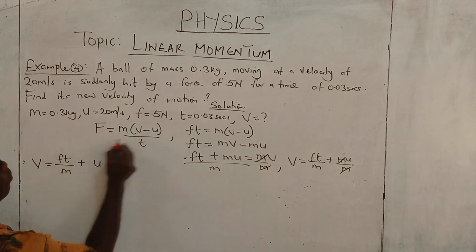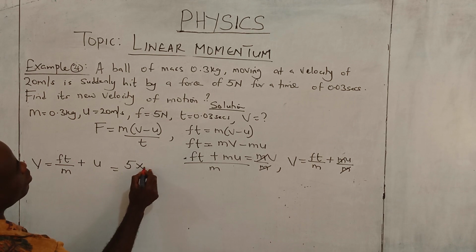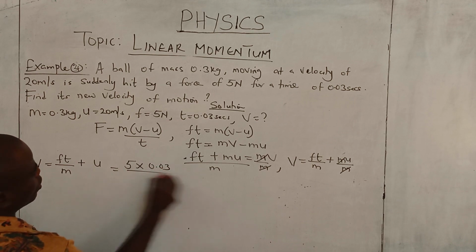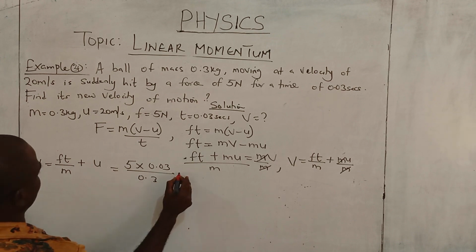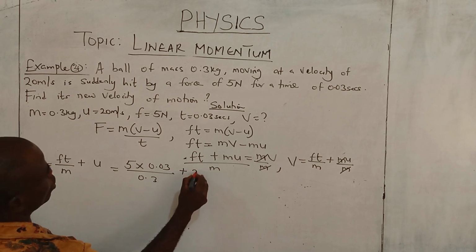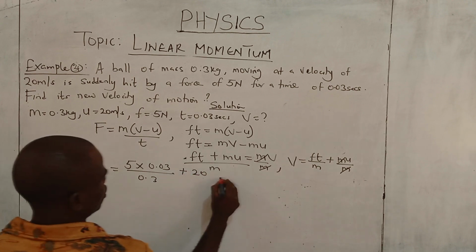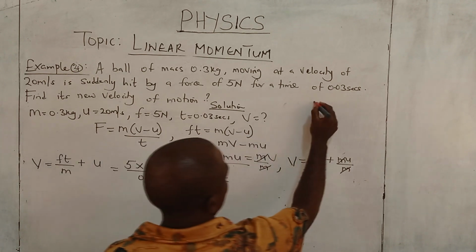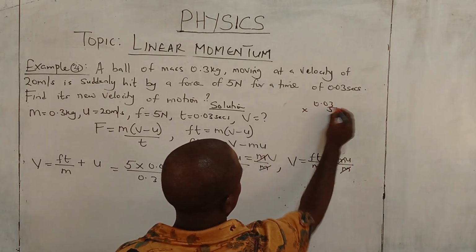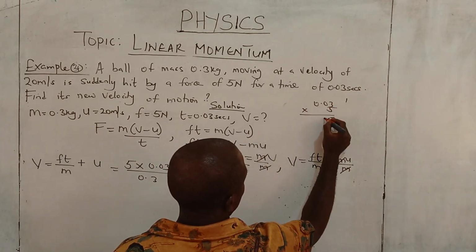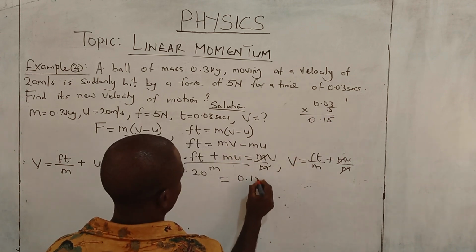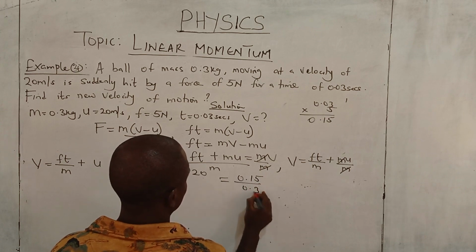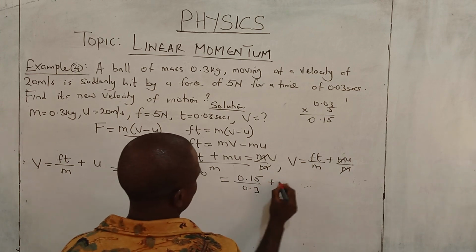What's our F? 5 times time, 0.03, over m, 0.3, plus u, 20, equals 5 times 0.03 divided by 0.3 plus 20. 5 times 0.03 is 0.15, divided by 0.3, plus 20.